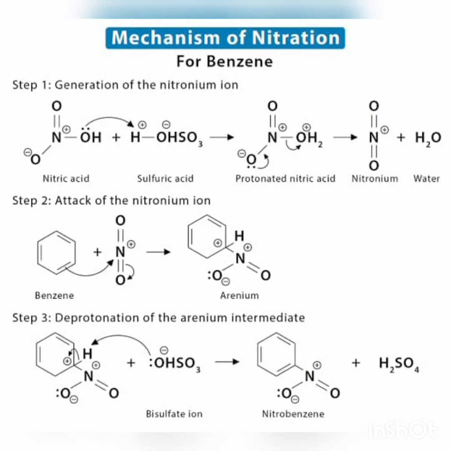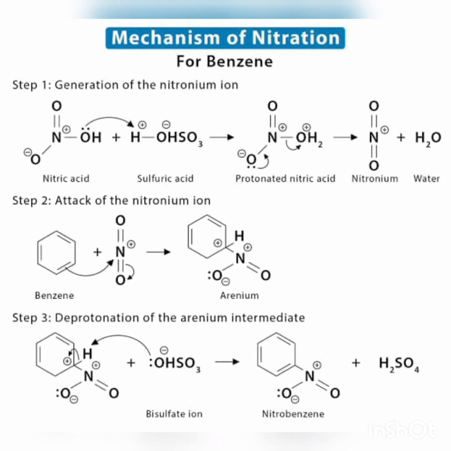The next step is deprotonation of the arenium intermediate. Here the benzene nucleus has an H and an NO2 group. This hydrogen, that is the proton, will be eliminated by the bisulfate ion, OHSO3.